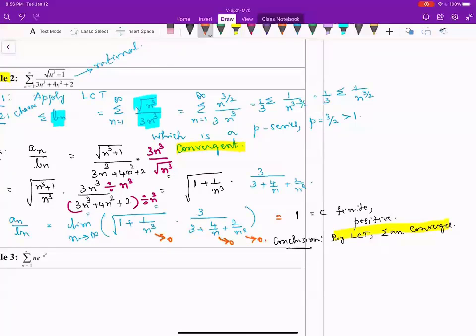In case you have forgotten what limit comparison test is, it applies to series of positive terms.